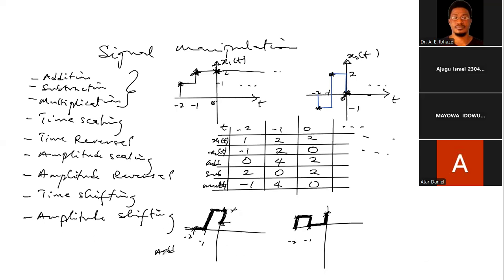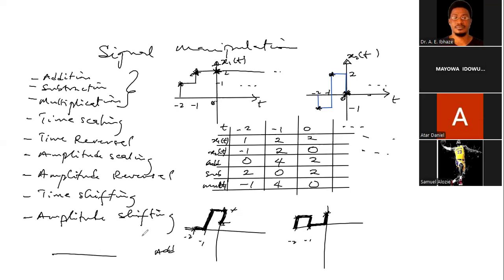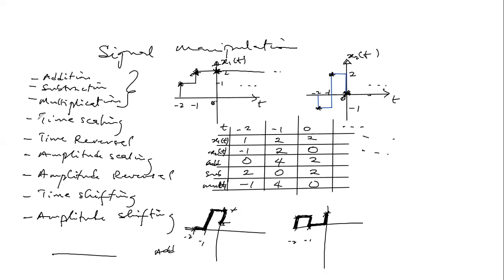Now for the multiplication operation. Okay, let's minimize this. Now for multiplication operation, this is minus 1, minus 2 rather, minus 1.